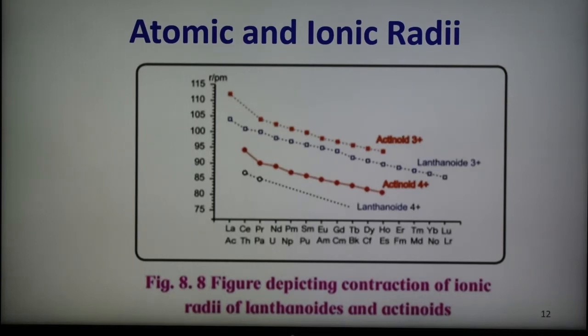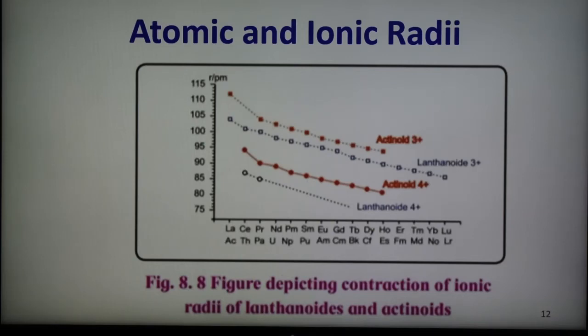While moving from lanthanum to lutetium in the lanthanide series, the nuclear charge and the number of 4f electrons both increase. But in the series, the added electron goes to the inner shell, therefore keeping the outermost shell unchanged. As a result, there is no change in atomic volume.